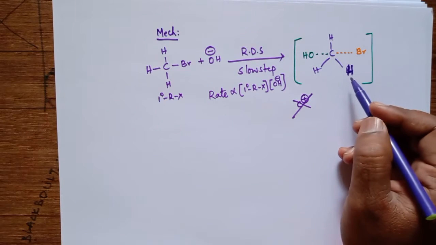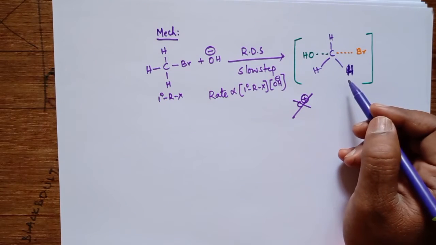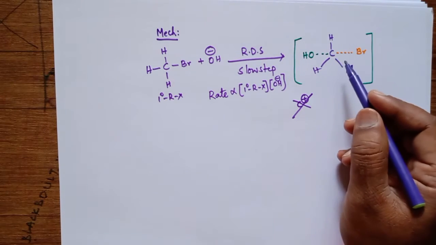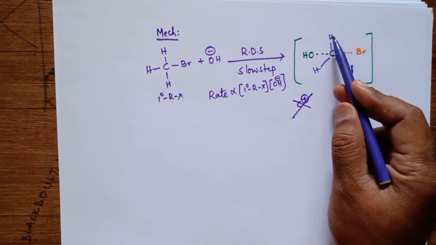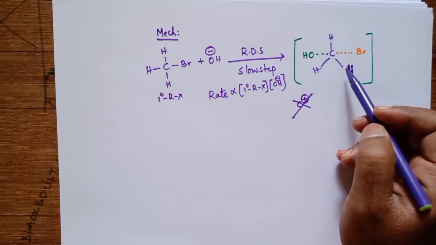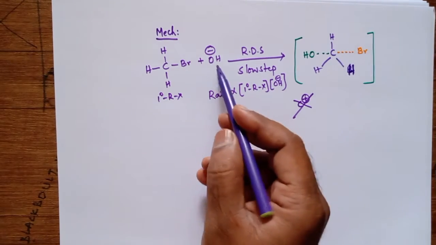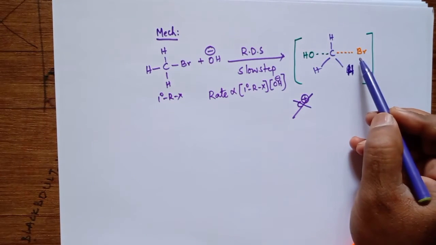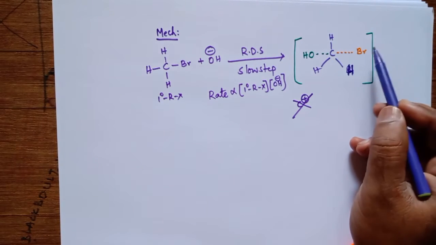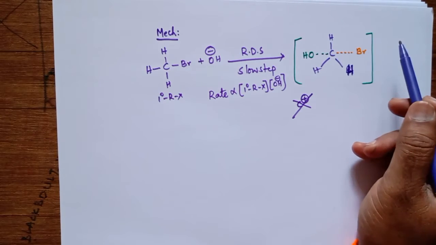Primary carbocation is less stable when compared to tertiary carbocation. In SN1 it forms the tertiary, that's why it is very stable. In this one the hydrogens are very small in size, that's why the OH minus comes at exactly the backside of the leaving group. Which one is the leaving group? The bromide ion is the leaving group.